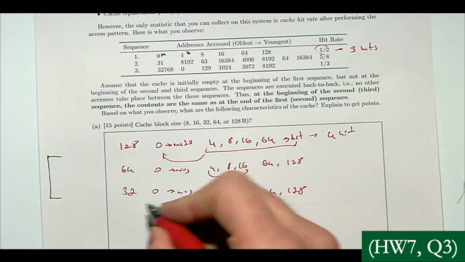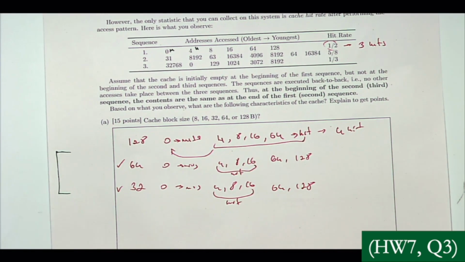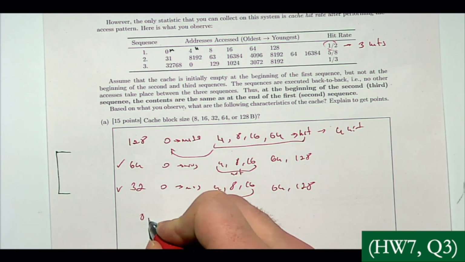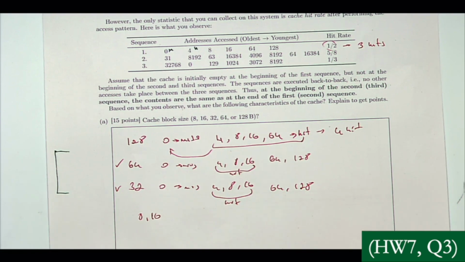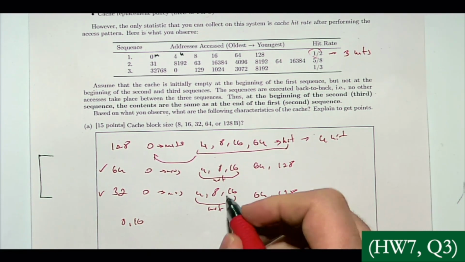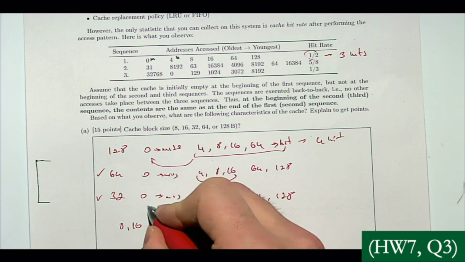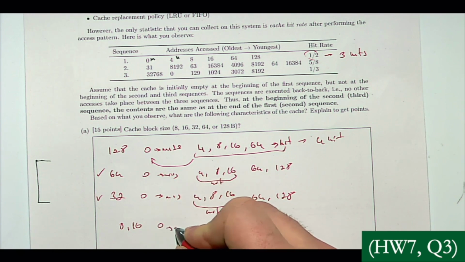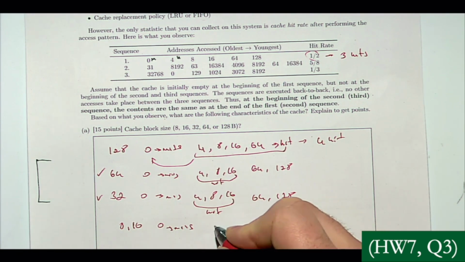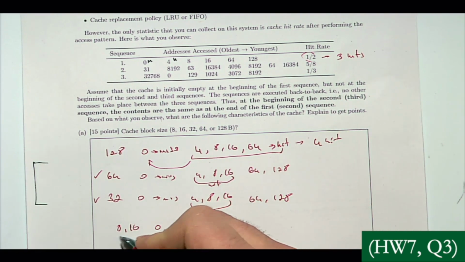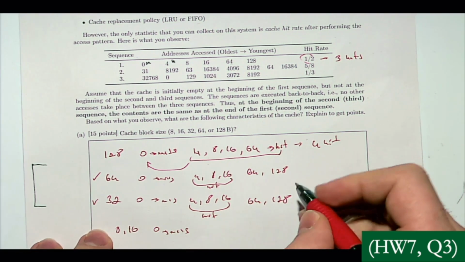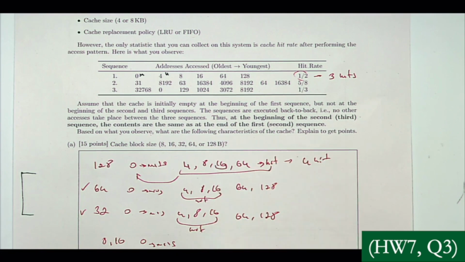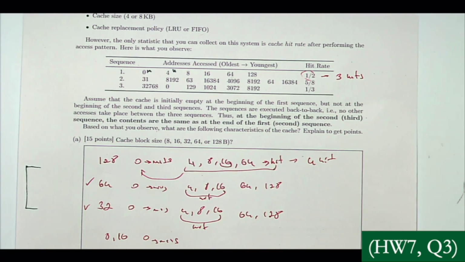So this also works for now. And for the last options, 8 and 16, 0 will again be a miss for both, but for both of these we won't be able to include 16. So we will end up with at most 2 hits, and this is not going to work either.